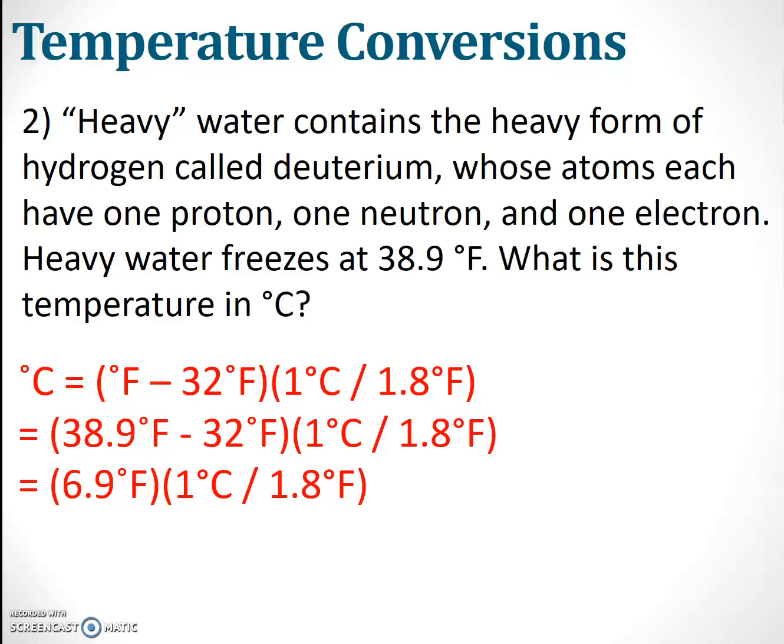I didn't round or anything. And then I'm going to multiply it by 1 degree Celsius over 1.8 degrees Fahrenheit, and then Fahrenheit's units cancel out. I'm going to round to the sig figs of the given, which is 3, because it's 38.9, and then it's going to end up with 3.83 degrees Celsius as our final answer.